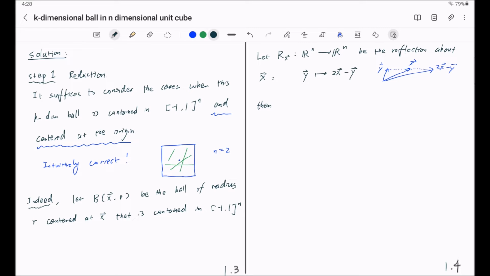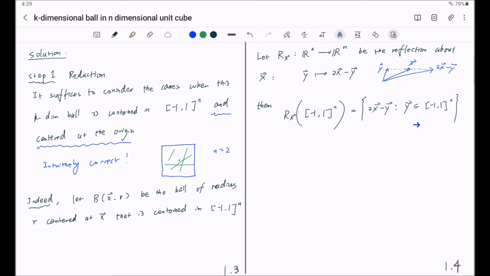Then we consider this map r_x applied to this cube. What we get is the set of points 2x minus y, where y is in this cube.